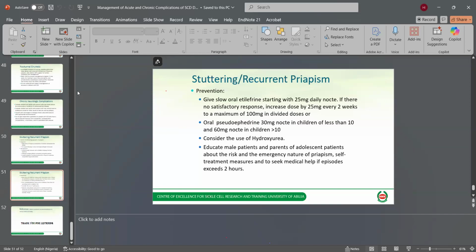Somebody just asked, how do we deal with sickle cell patients getting more addicted to analgesic medications due to the persistent pain? Okay. So how do we curb addiction? Again, here multidisciplinary management is important. We need to consult with the mental health physicians and the clinical psychologists.